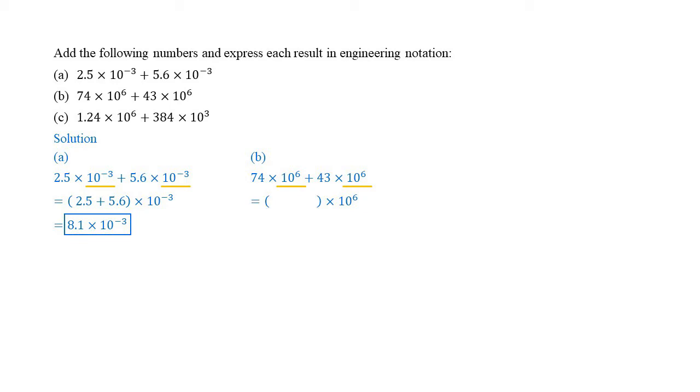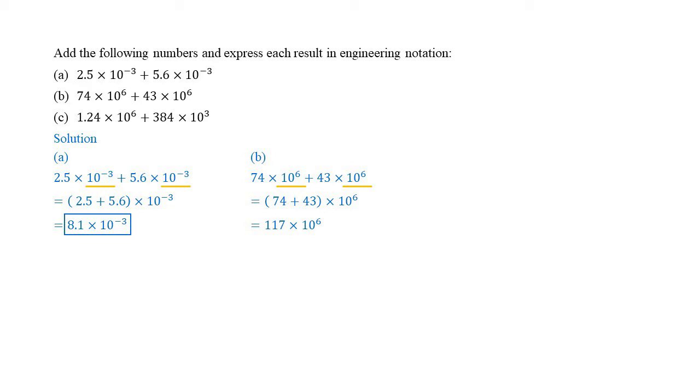So first, let's put a big parenthesis, multiply the common factor, 10 to the power 6, and then put the 74 inside the parenthesis. The operation is addition, so put a plus here, and then add the second number, 43. 74 plus 43 equals 117, and then just copy the remaining term, multiply 10 to the power 6.